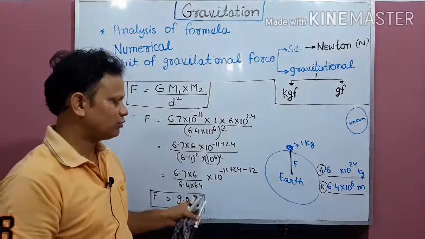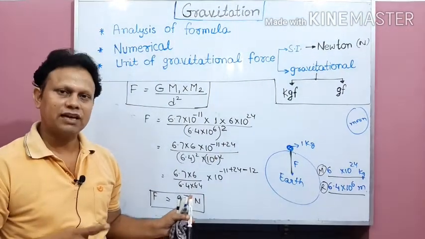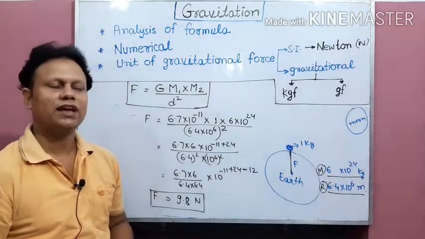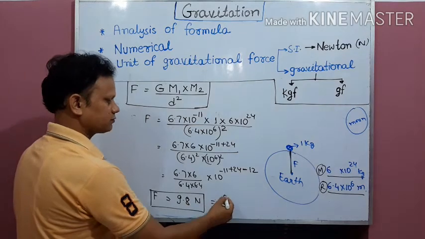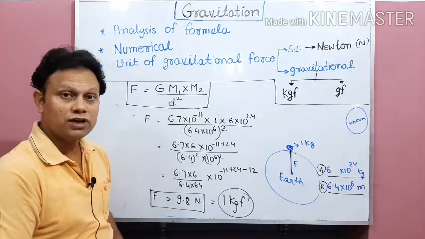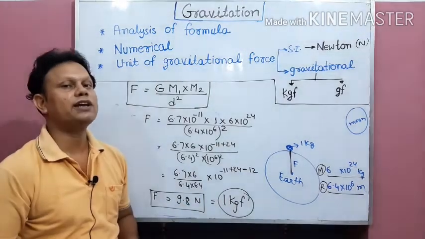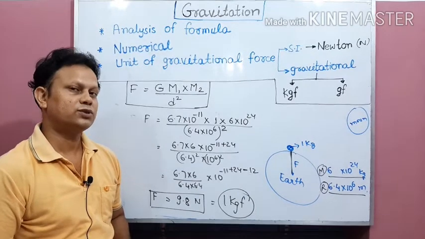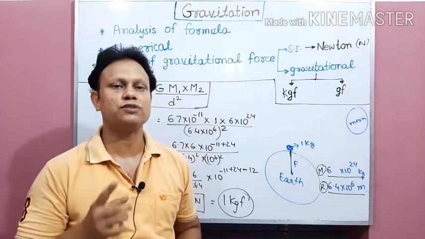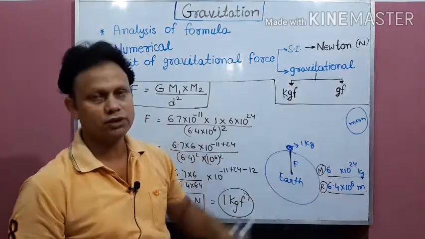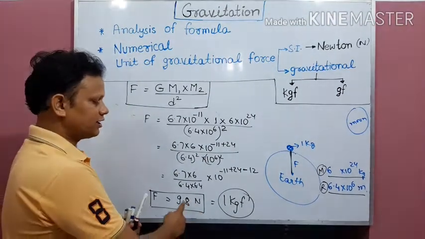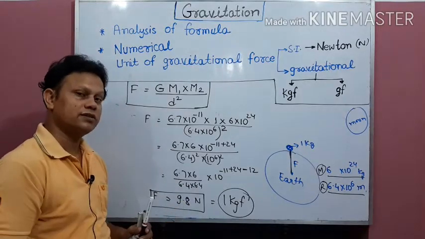In this calculation, we have calculated the force by which the earth attracts any object of mass 1 kilogram towards its center, and this only is called 1 kilogram force, which is equivalent to how much Newton? 9.8 Newton. So this force is taken as one unit, and that unit is called kilogram force, equivalent to 9.8 Newton.